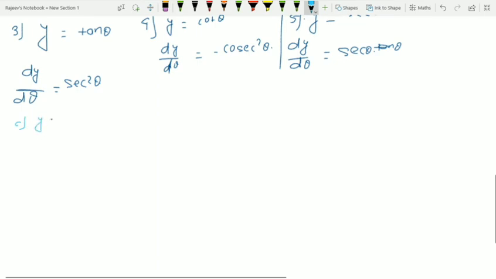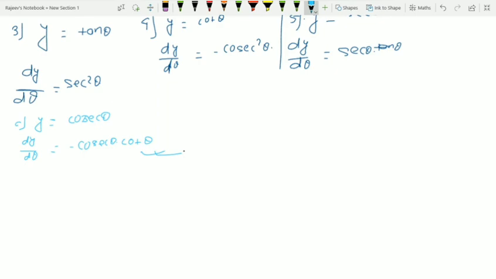If y is equal to, suppose, cosec theta, so its differentiation will be dy by d theta is equal to minus cosec theta into cot theta. This also you have to remember and keep in your mind.